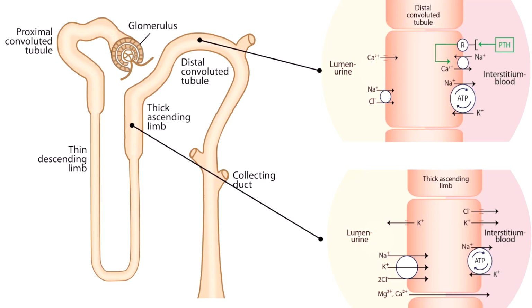Here we see the graphical illustration of the nephron. Please note that Bartter syndrome is caused by autosomal recessive defect in sodium-potassium to chloride cotransporter in the thick ascending loop of Henle. In contrast, Gittleman syndrome is caused by autosomal recessive defect in sodium chloride cotransporter in the distal convoluted tubule.